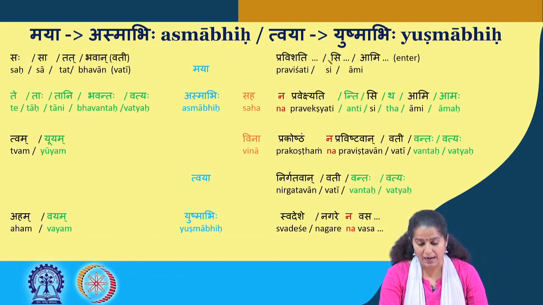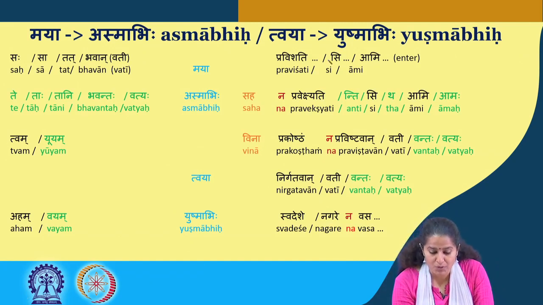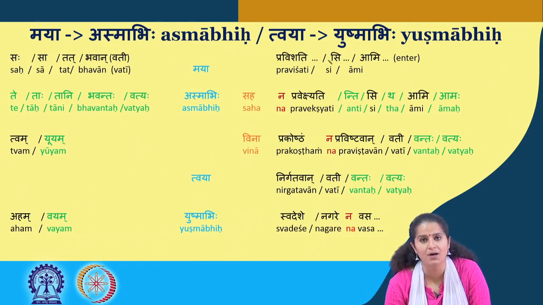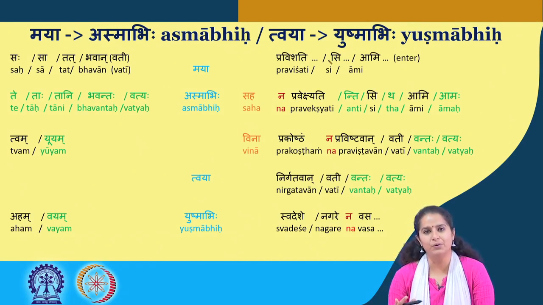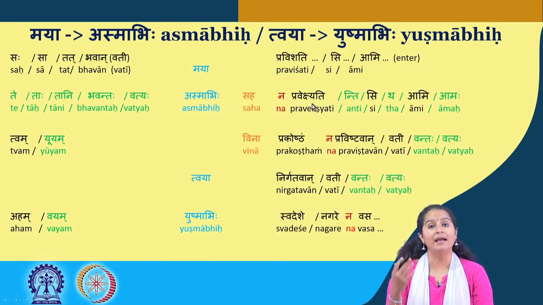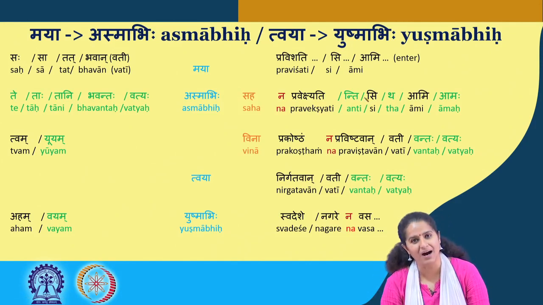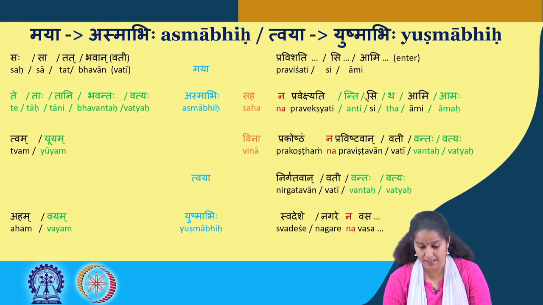So I will allow you to look at this for a short while, but then I will also introduce you to the other words here so that you're familiar with them. The next word in this category is pravekshyati, which means in the future, will enter. Pravekshyati and pravekshanti, pravekshyasi, pravekshyatha, pravekshyami and pravekshyamaha with the different subjects.